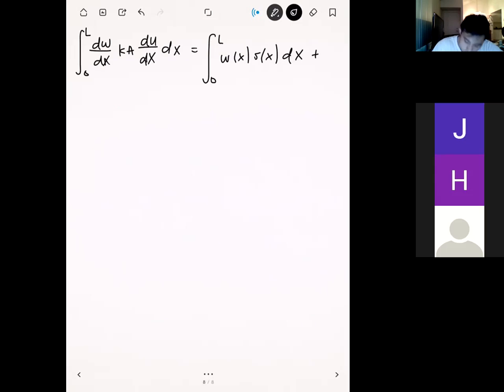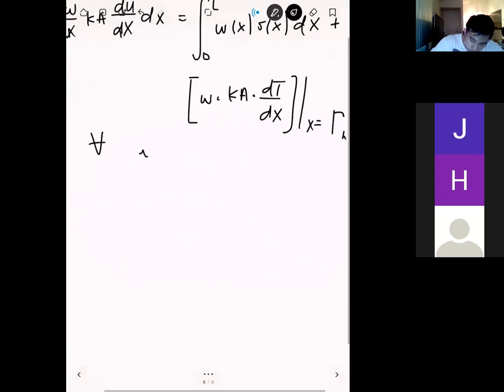Then we have plus our Neumann boundary condition term. So this is w times Ka times dT/dx, evaluated at x equal to gamma h, where gamma h, remember, is our Neumann boundary condition.